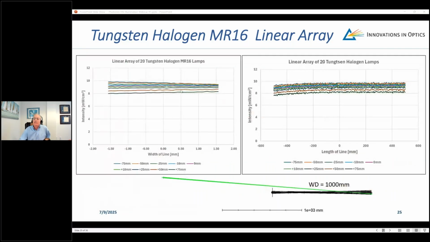But the intensity is relatively low compared to the first system we showed, which is a little more than twice this, and several times lower than the second system we showed. But otherwise, it works quite well. The distribution is fairly tight as a function of distance.